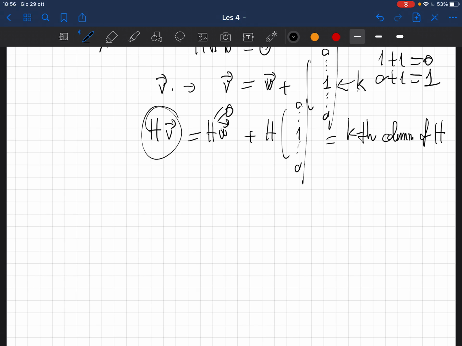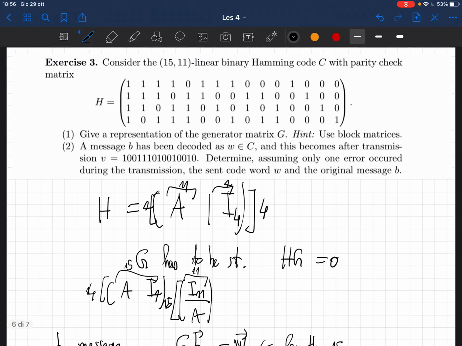And then we will know that the message had an error at that specific position, and we can correct it. So let's just do this computation.